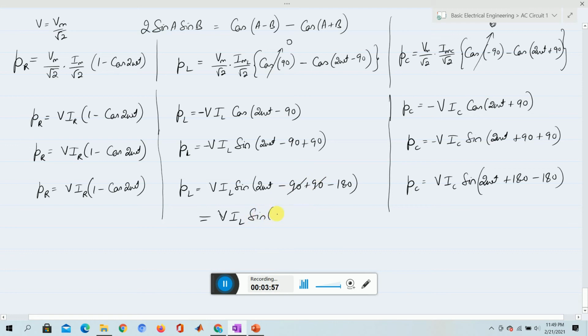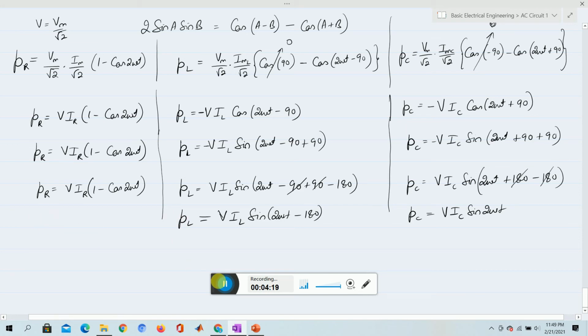This is sine of 2 omega t minus 180, and this side will be VIC sine of 2 omega t, where the two terms cancel. This is the value of PC, here PL, and here PR.